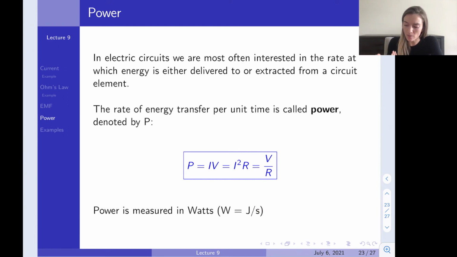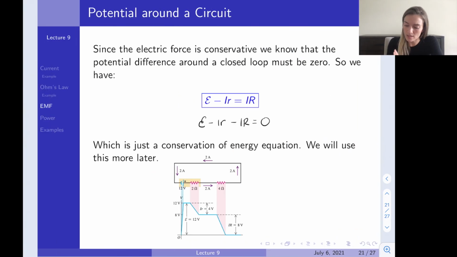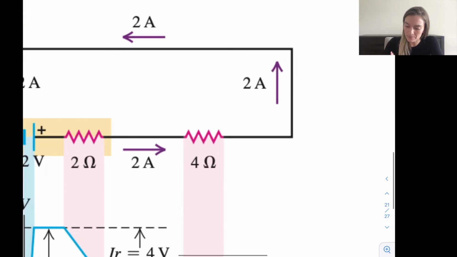Now you can write power in a couple of different ways. They're all equivalent, obviously. So power first is the current times the voltage drop across that element. In the example of a resistor, the current through the resistor is 2 amps here. And then you would have to figure out, well, what's the voltage here and what's the voltage here?